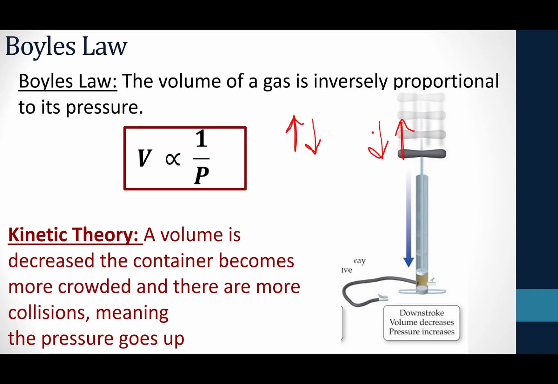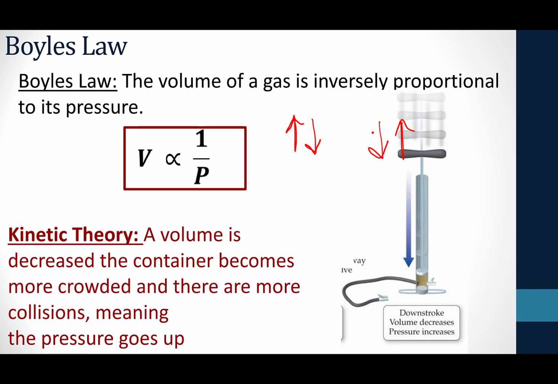So as the volume in a container decreases, if we're holding the amount of our gas constant, it becomes more crowded. More crowded means there's going to be more collisions with the side of that container. More collisions with the side of that container is going to register a higher pressure. So as it becomes more crowded, more collisions, higher pressure.